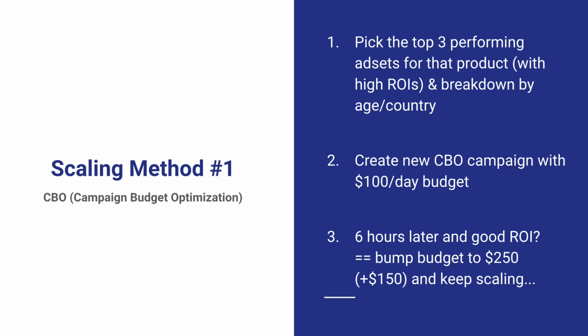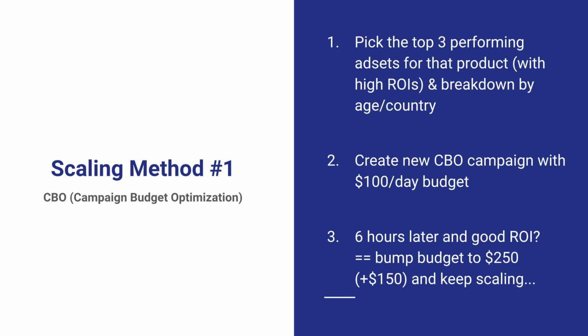The second step is creating a new CBO campaign with a $100 budget, and we will duplicate these top ad sets from the testing campaign to this new CBO campaign at $100 budget. I hope this is clear.